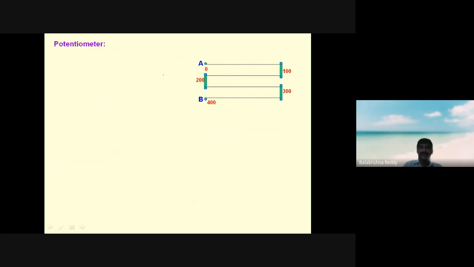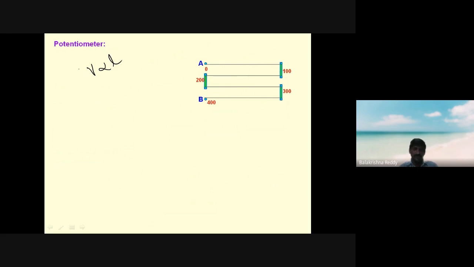A potentiometer is a device which finds the potential difference across the length of a wire, provided the current flowing through the wire is constant and the area of cross section is also constant. Therefore, the potential difference V across the wire is directly proportional to the length L of that wire.